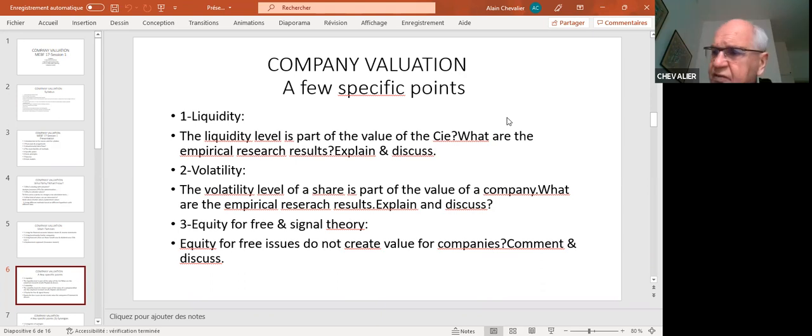So the volatility level is a risk measure. The liquidity level has a positive impact on the value.